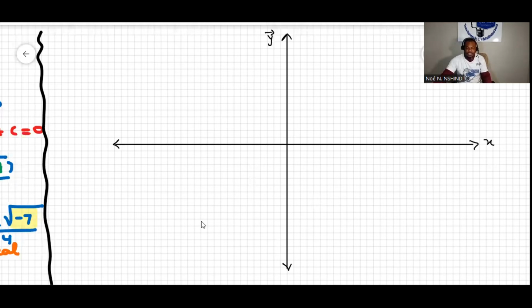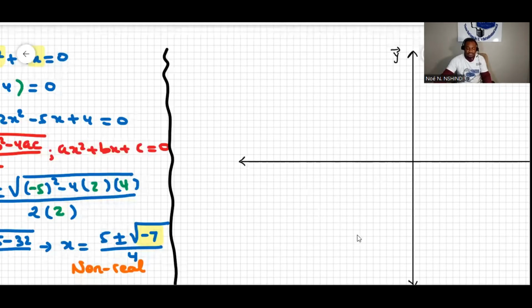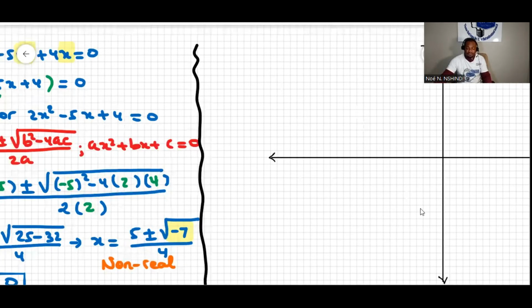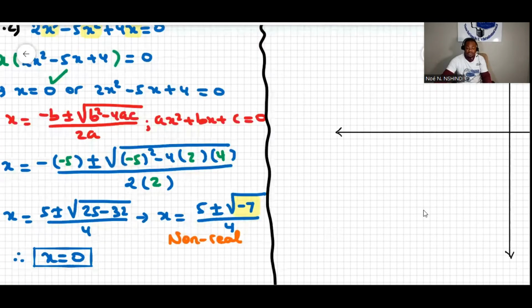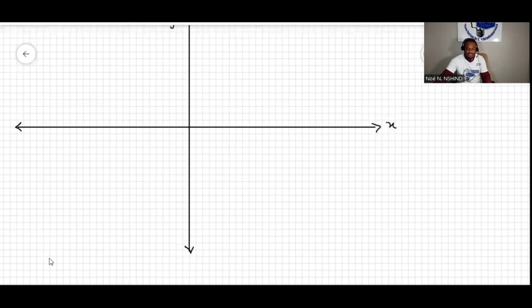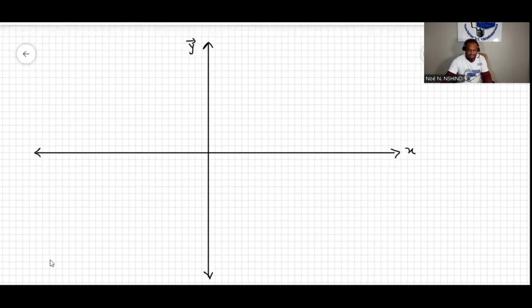Now, in the previous question, we did prove that this graph has only one real root. So the real root is 0. So the function passes through 0, and that's the only real root. So I'm going to write here 0. It is also clear that it is 0 because of the function.